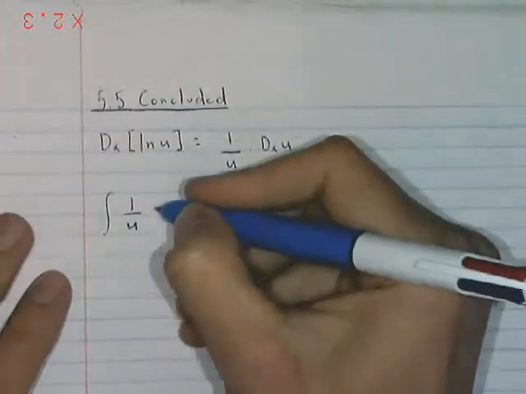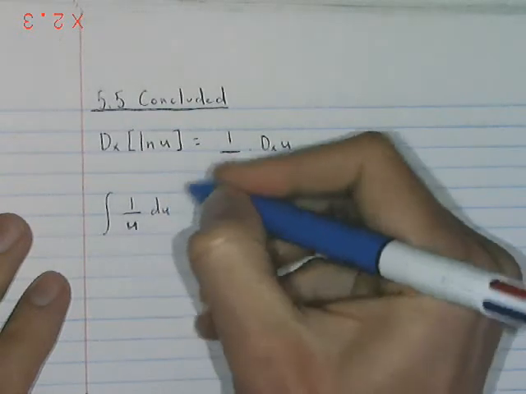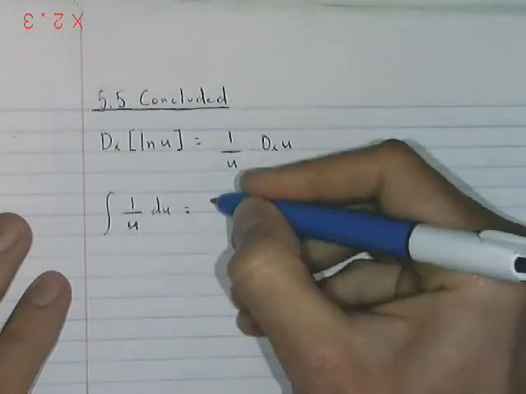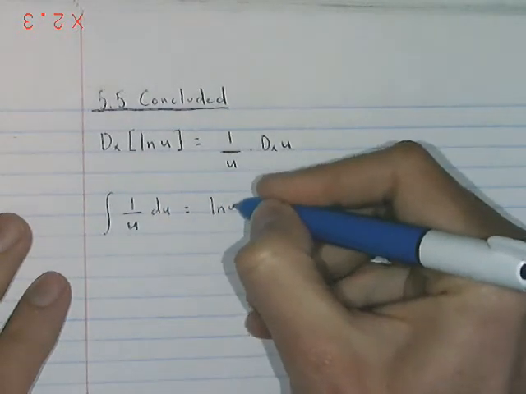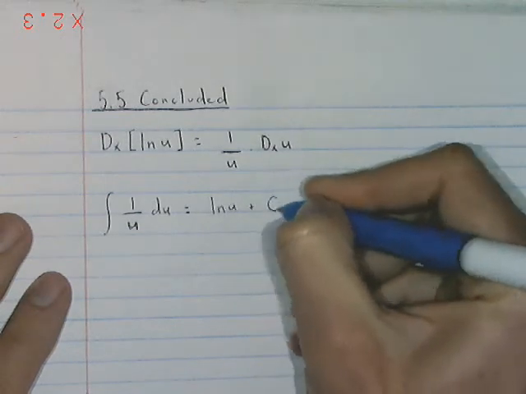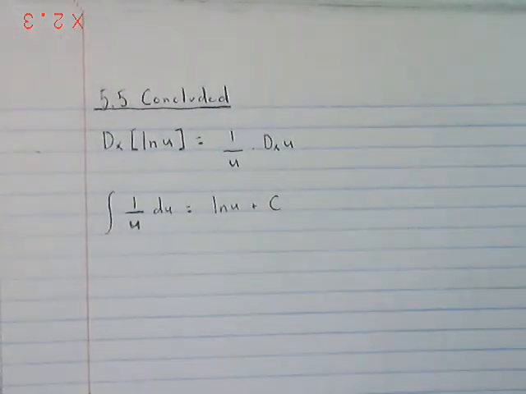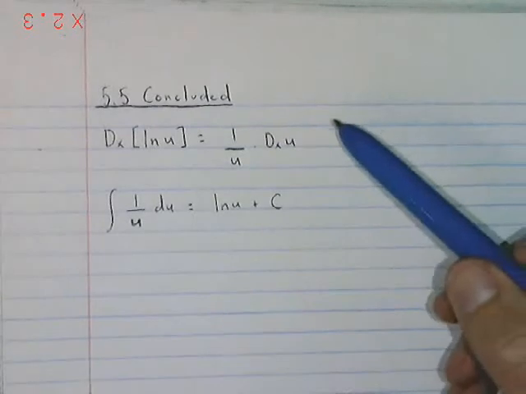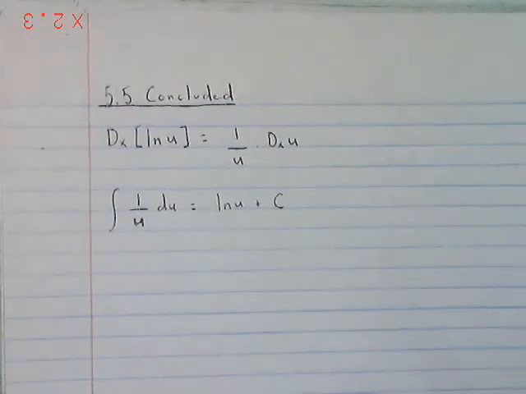And so this integral turns into the ln of u plus some arbitrary constant c. Those are our natural log formulas, which then led us to an exploration of the natural exponential function, the e to the x function.